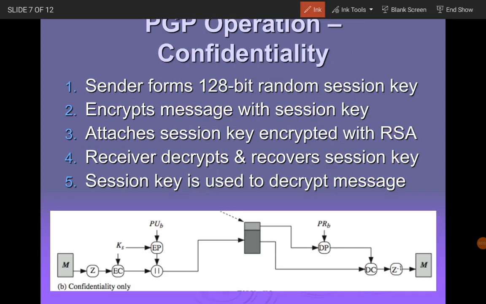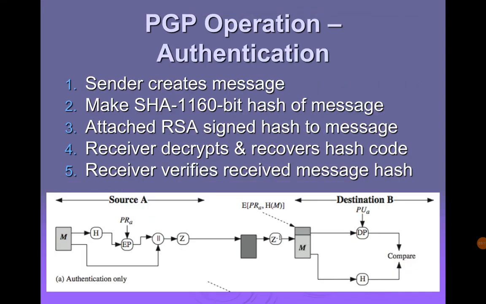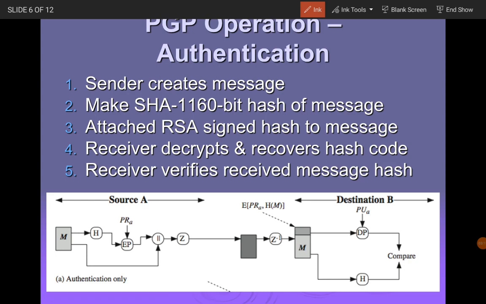So if both are equal, then authentication is okay. So that is, the sender creates a message. From that, the hash code is generated. The hash code is encrypted, and the original message and the hash code are appended. It is compressed and transmitted.